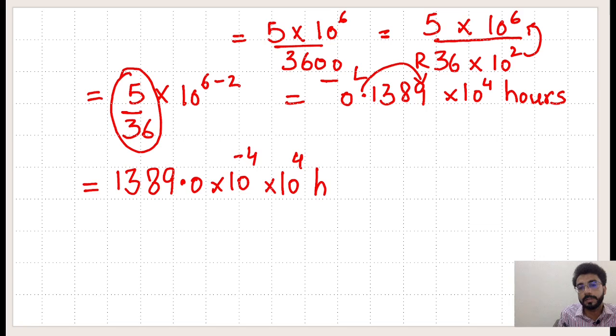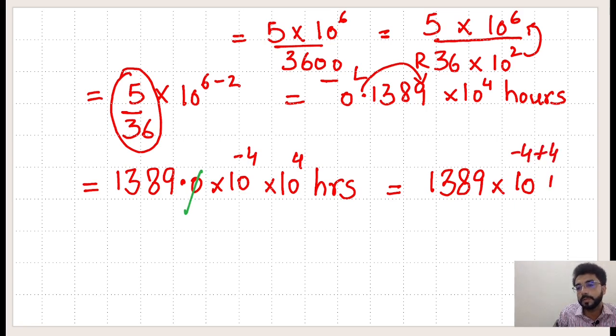I can write hours as HRS, the short form. Now the final answer will become 1389 into, I can remove this point 0. It will become 10 raised to power negative 4 plus positive 4 in hours.